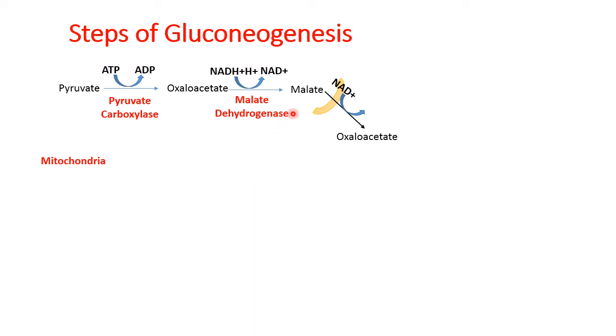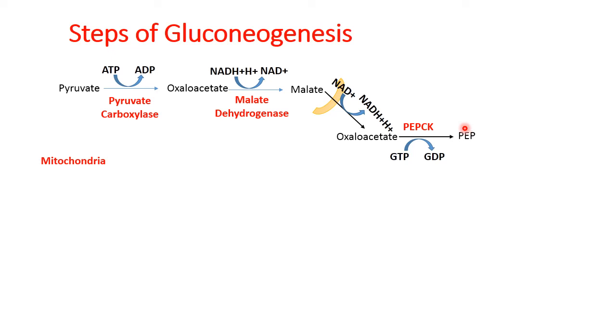and again it will get reoxidized to oxaloacetate. The same enzyme malate dehydrogenase will act here and NAD+ will get reduced to NADH. Now this oxaloacetate will be acted upon by the enzyme phosphoenolpyruvate carboxykinase and it will get converted to phosphoenolpyruvate.